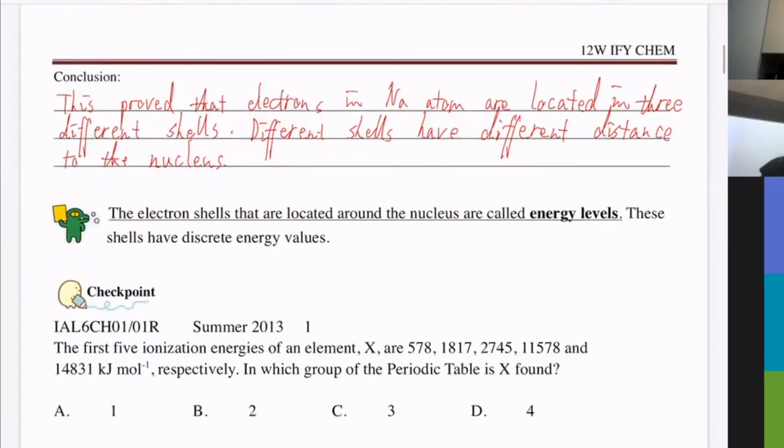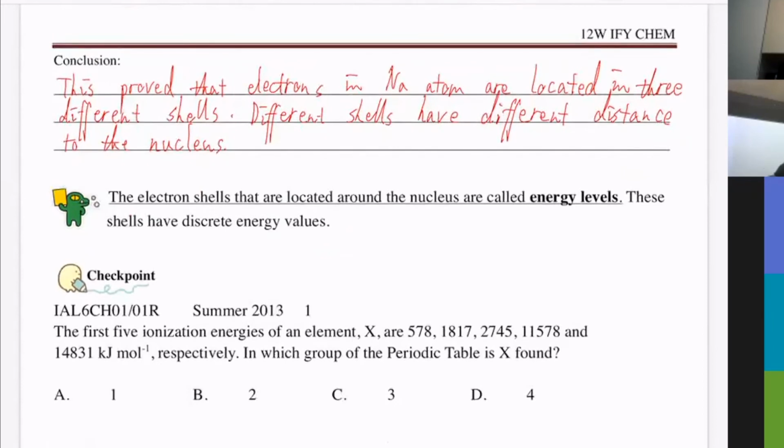So here is the definition. You need to remember the sentence I underlined here: the electron shells located around the nucleus are called energy levels. If they have different distances to the nucleus, then they are classified as different energy levels. If you study chemistry at university level, they will introduce in detail how different energy levels are calculated according to quantum numbers.